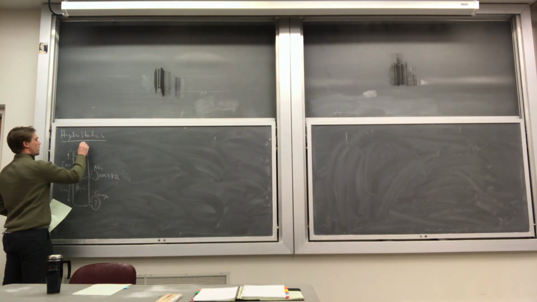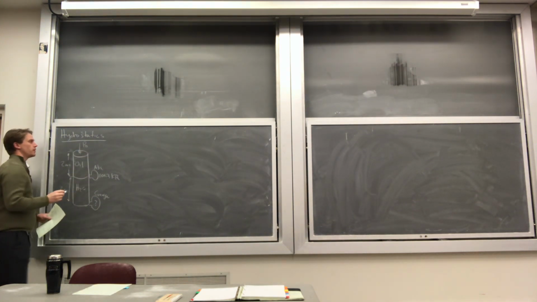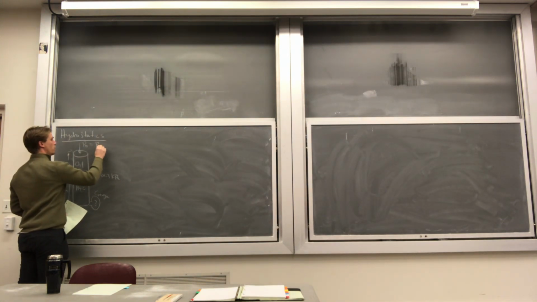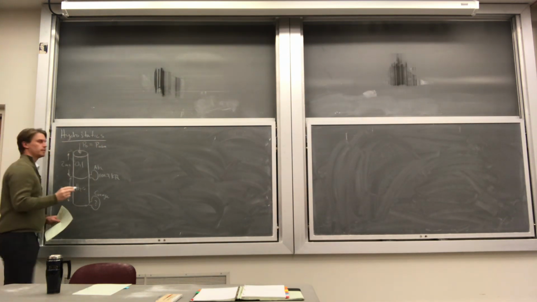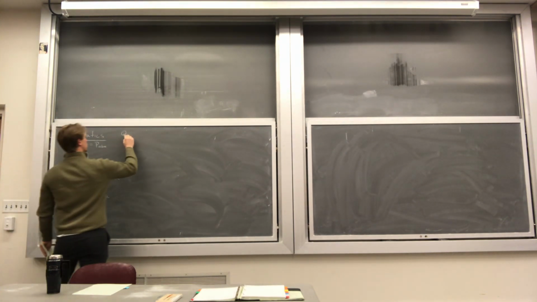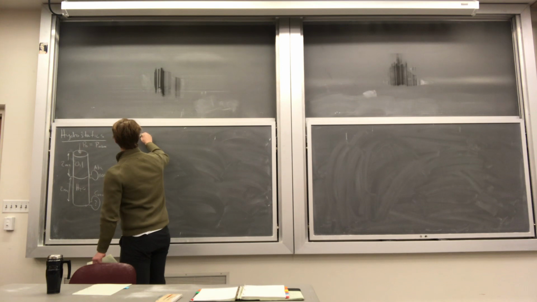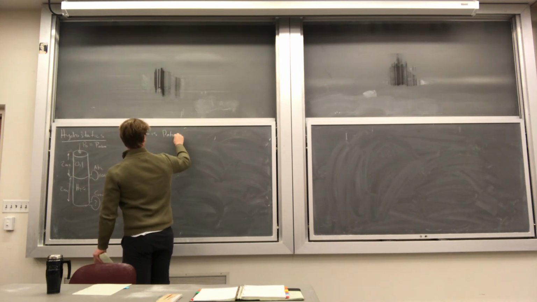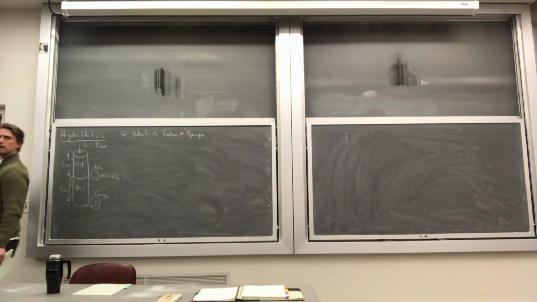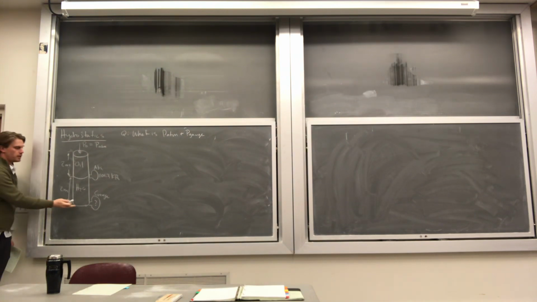Pushing down the top, we have some pressure that is going to be open to the atmosphere. So the question is, what is the atmospheric pressure at the top, and what is the gauge pressure at the bottom?